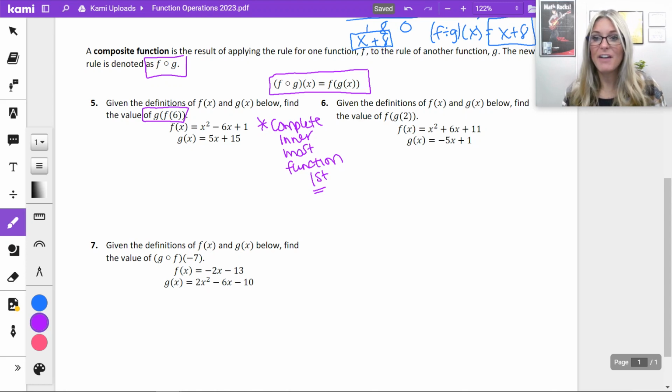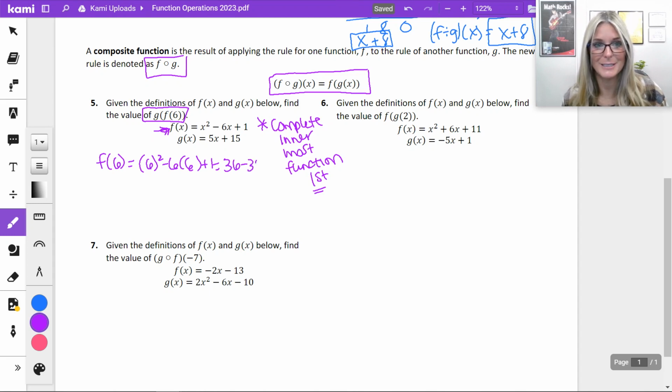We're going to do the f part first. So I'm plugging in 6 into that f of x function, okay? So 6 squared minus 6 times 6, right? It's in two places. We've got 6 times 6 is 36, minus 6 times 6 is 36, plus 1. Final answer for this first part, those cancel out. We just have 1. Okay, so f of 6 was 1.